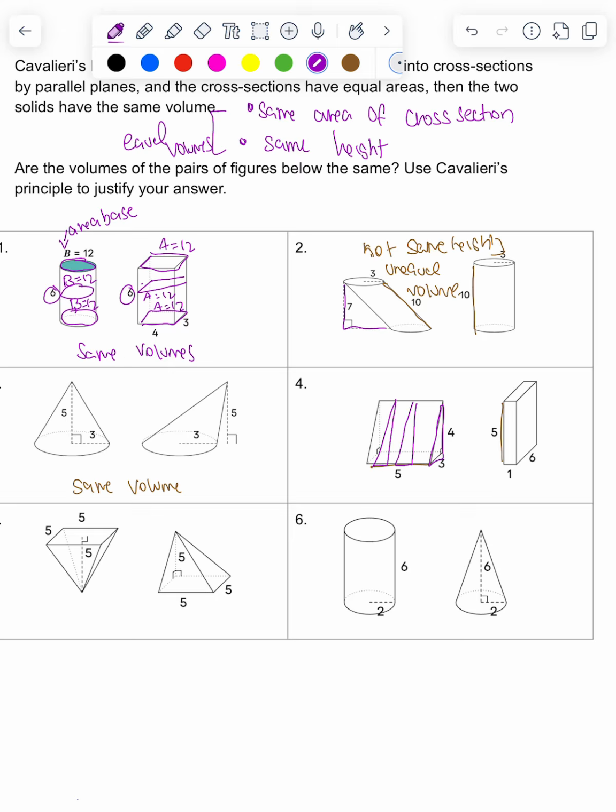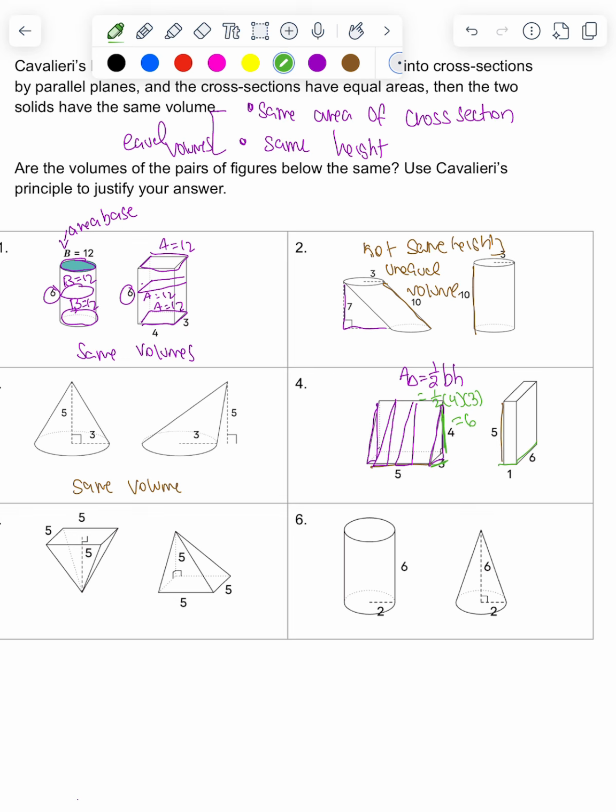And I'm a terrible artist, but they're all going to be the same triangles. Area of a triangle is 1/2 base times height. The base and height of the triangle are 4 and 3. So that's going to be 6.